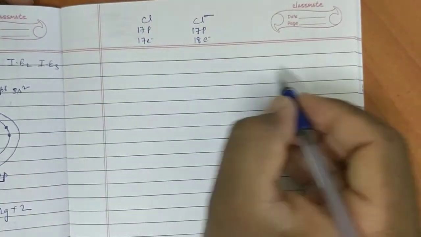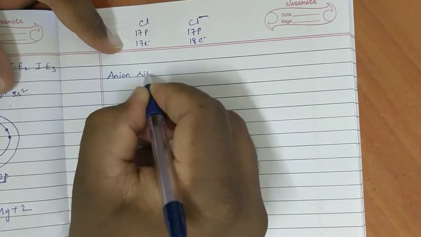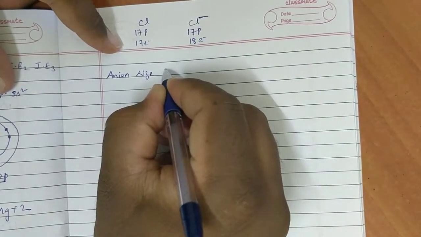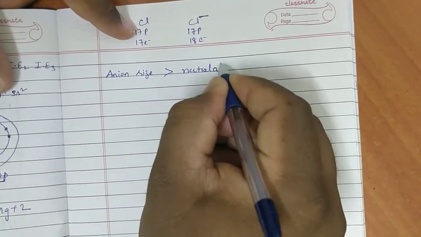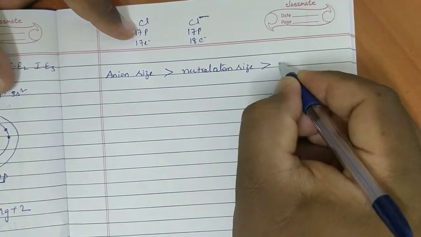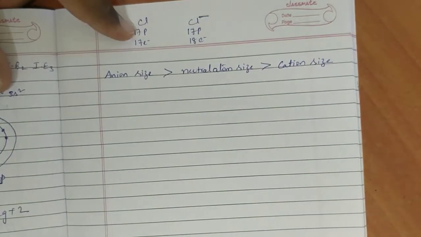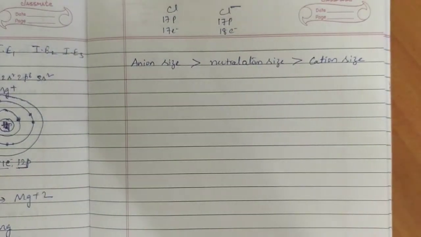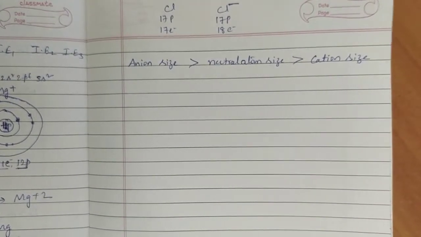So the final conclusion of this one: anion size is greater than neutral atom size, and neutral atom size is greater than cation size. Every time cations are smaller than neutral atoms and neutral atoms are smaller than anions. This is the conclusion.